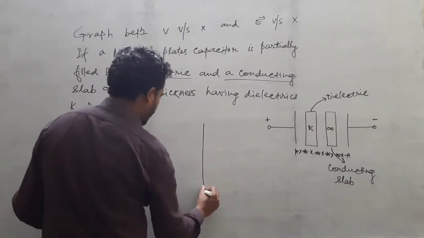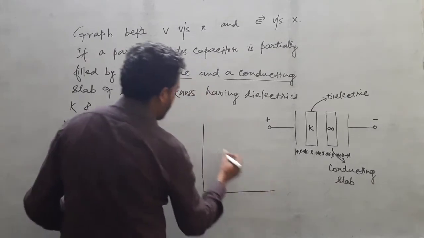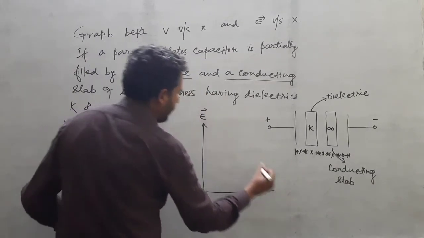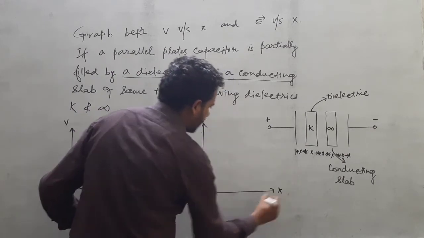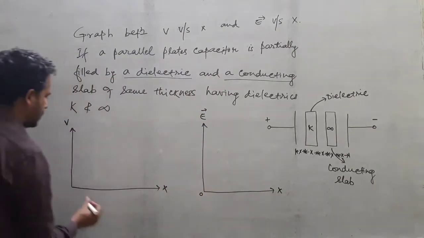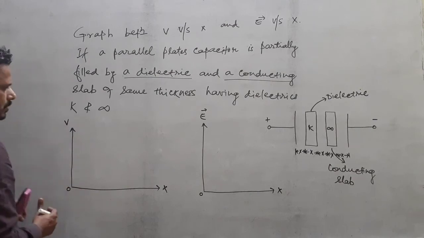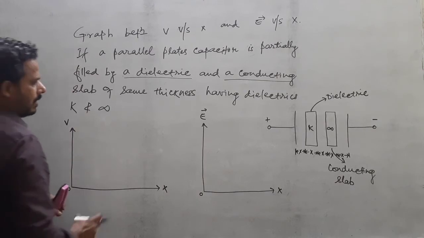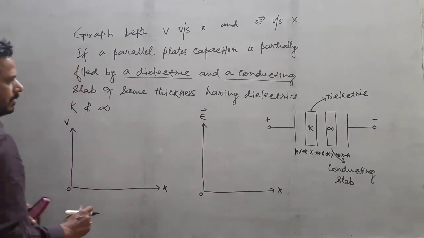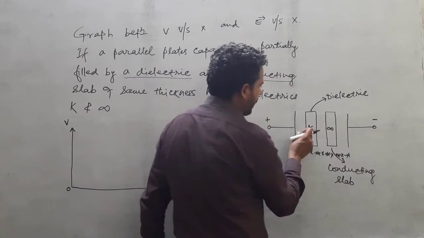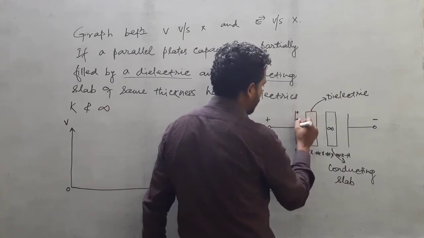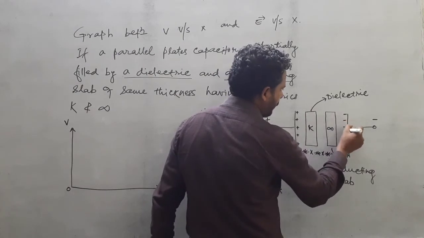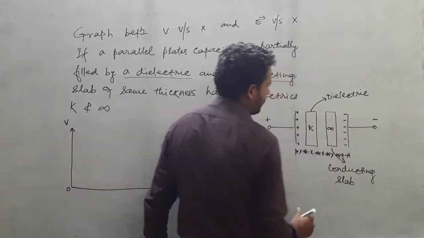Another graph is between electric field and x. This one is positive. So you calibrate this separation x in 5 equal parts, because there is free space, that would be positive, and this one is negative, like that.